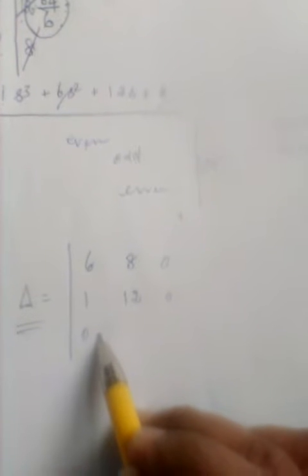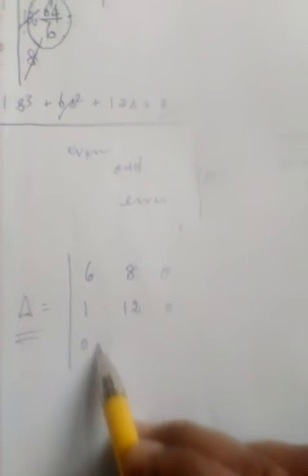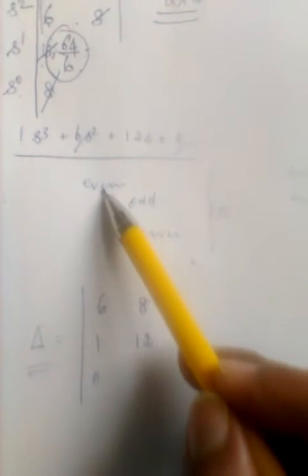However, here we are not going to do that as an additional task. Again, we have to repeat this particular even, odd, even. That means I have even, odd, even. This is a tertiary determinant.